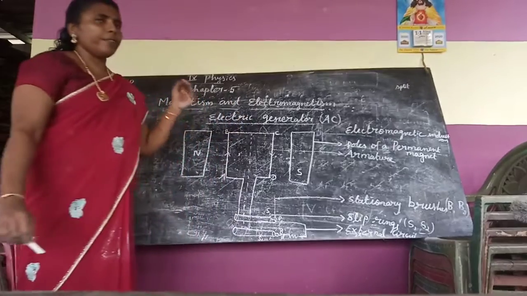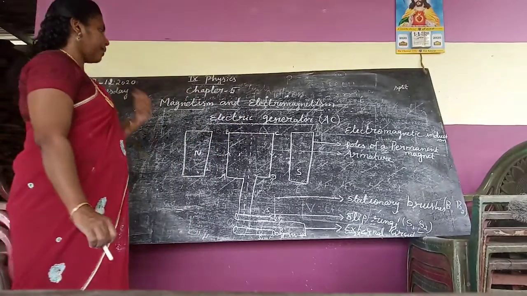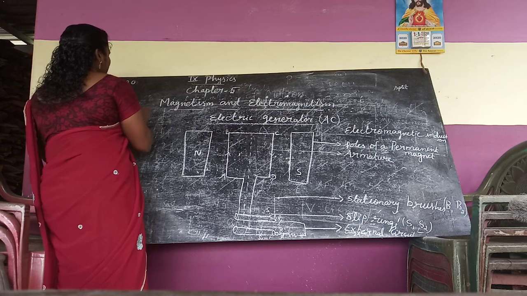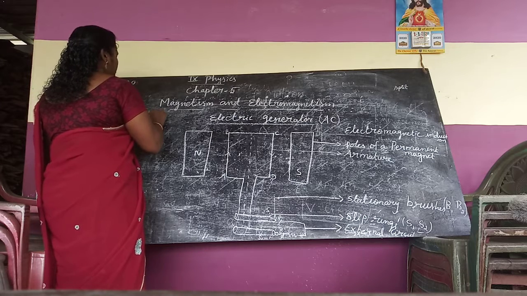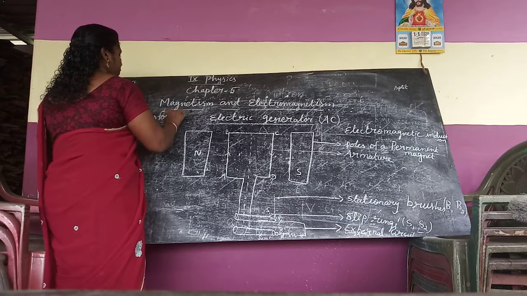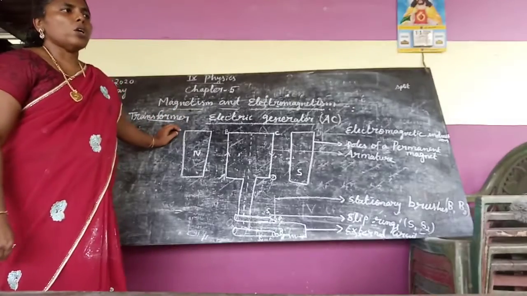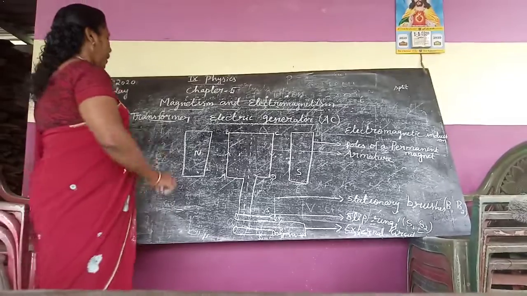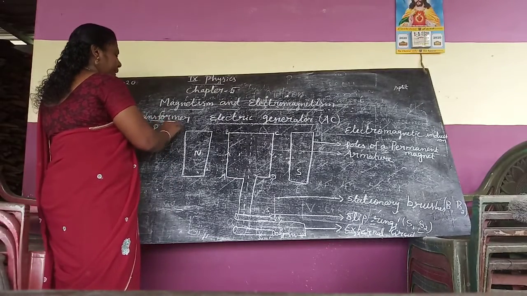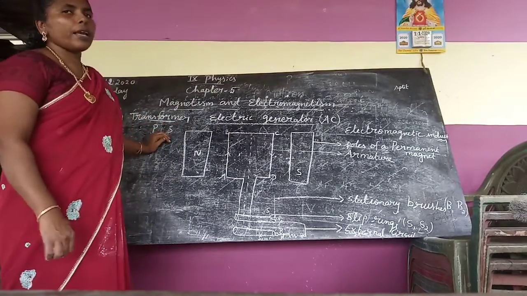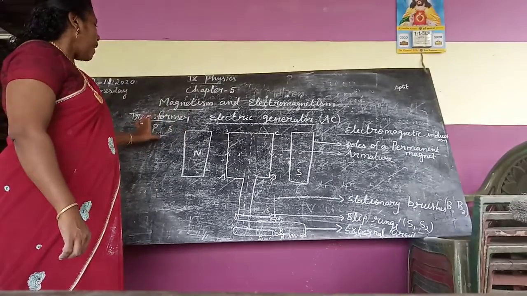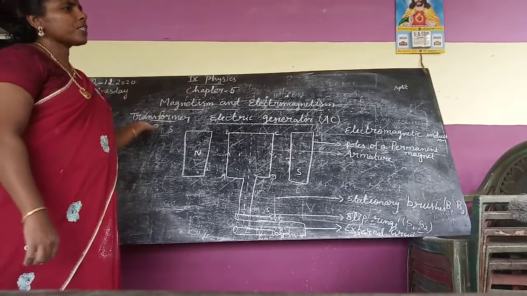The next one we can learn about is the transformer. All of you know about the transformer, no? Here two coils are there, primary coil and secondary coil. Now see, what is the use of this transformer?